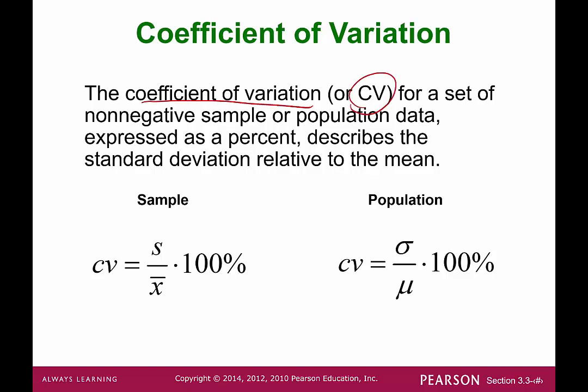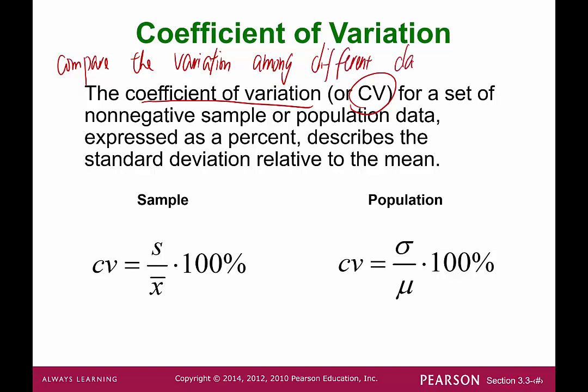We use the coefficient of variation to compare the variation among different data sets. So it is very useful if you want to compare the variations among different data sets.